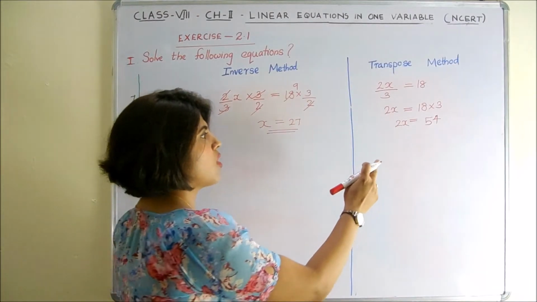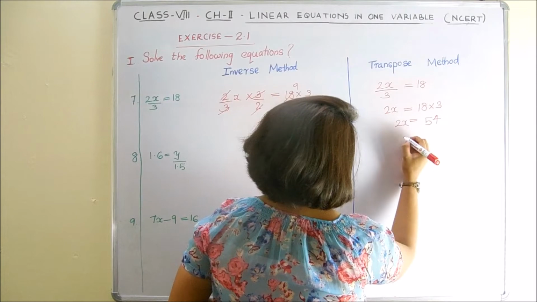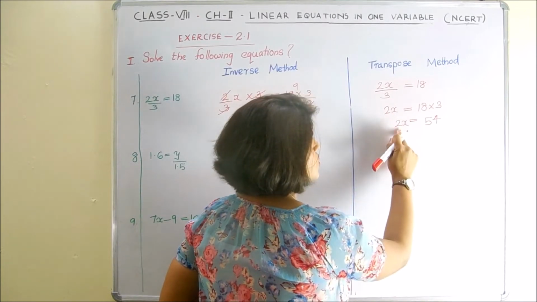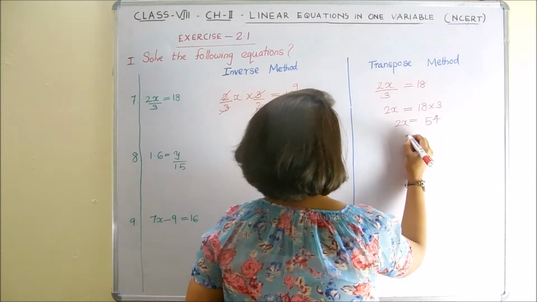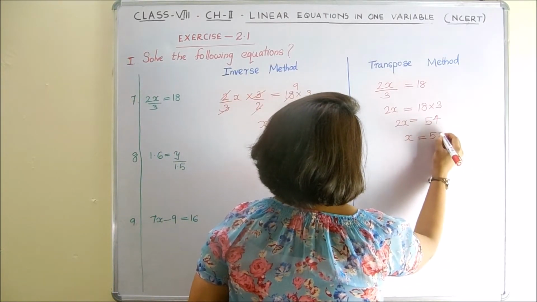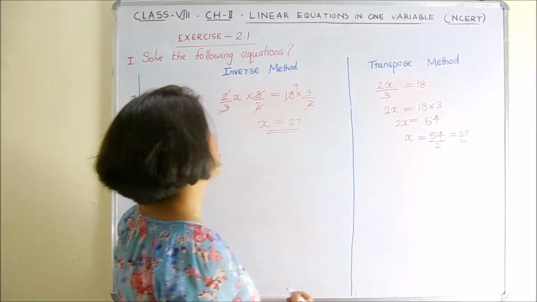Again we have to eliminate the coefficient of x, 2, right? So how can we eliminate it? This 2 will transpose into the right hand side as divided by 2, which is equal to 27.